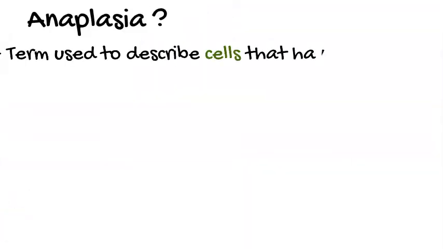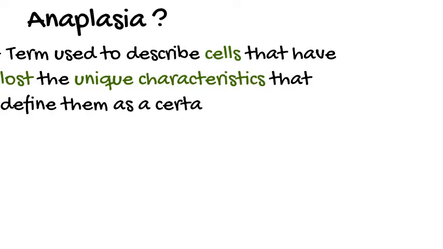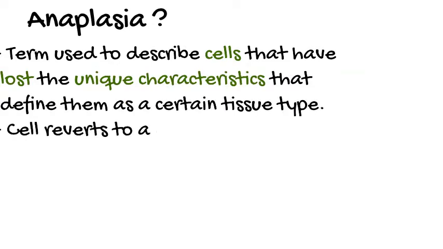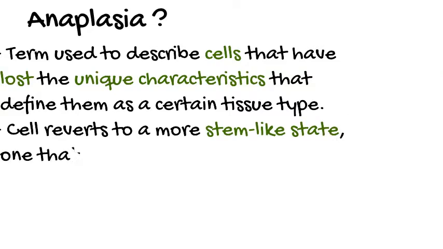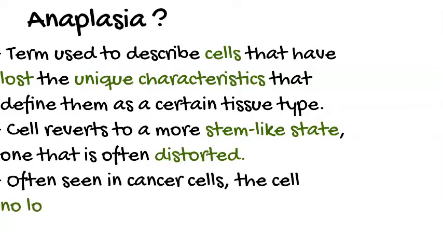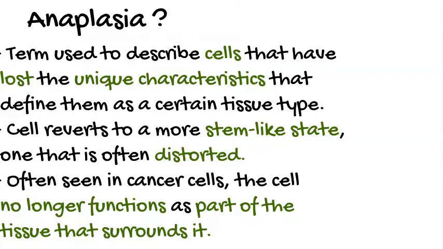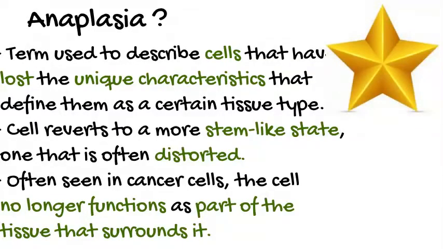Anaplasia is the term used to describe cells that have lost the unique characteristics that define them as a certain tissue type. Cells revert to a more stem-like state, one that is often distorted. It is often seen in cancer cells. The cells no longer function as part of the tissue that surrounds them.